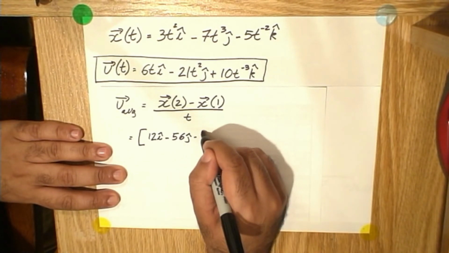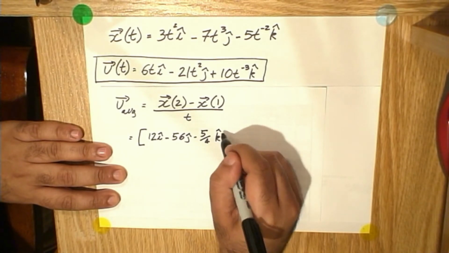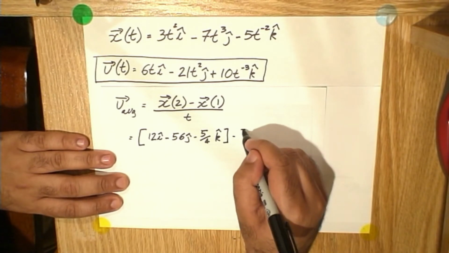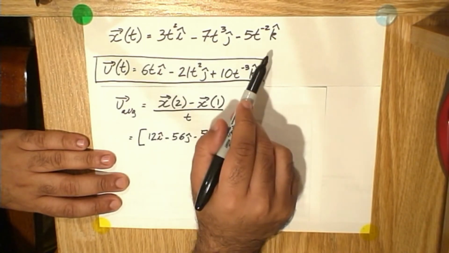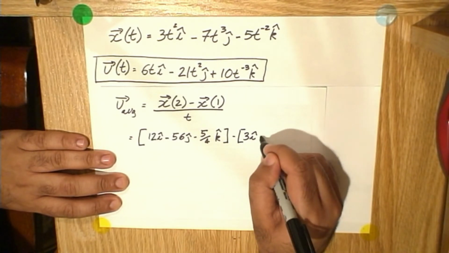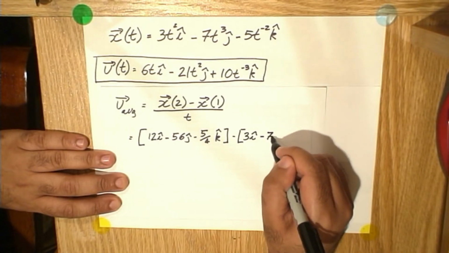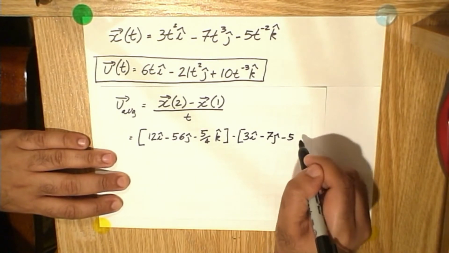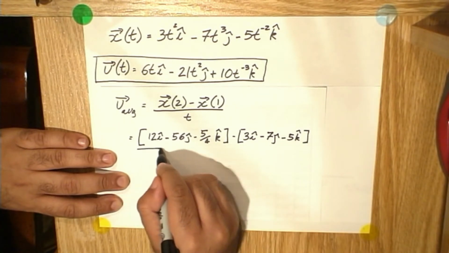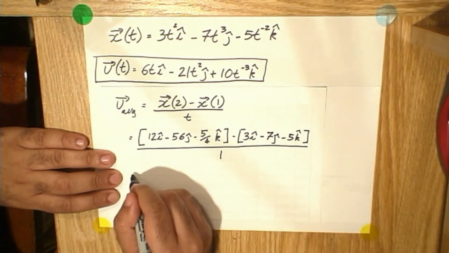So this would be minus 5 over 4 k hat. Minus, what would happen if I put in 1 over here? Easy enough. This would become 3 i hat minus 7 j hat minus 5 k hat. And the whole thing would get divided by 1 second.